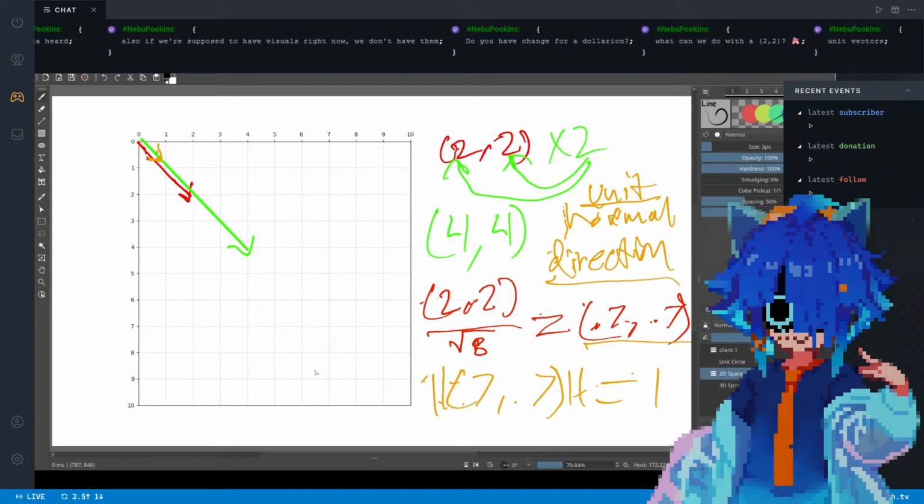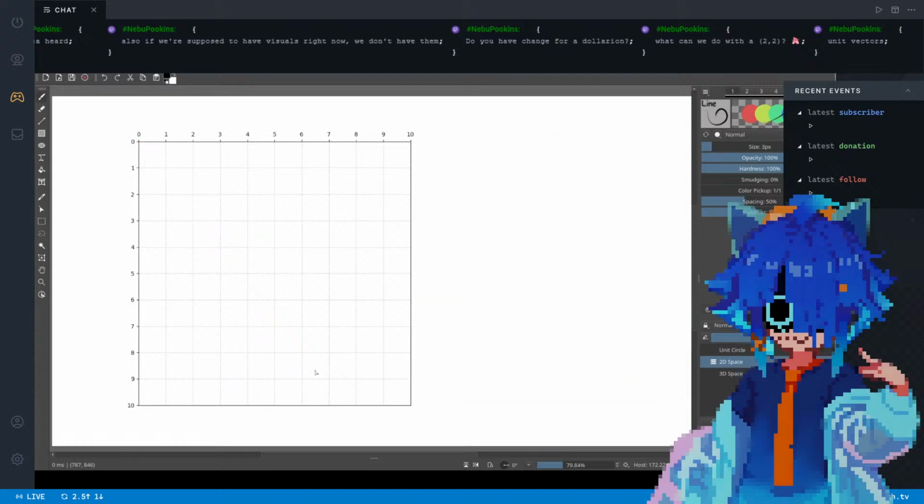What happens if we have more than one vector? So we're going to drop down 2 vectors.